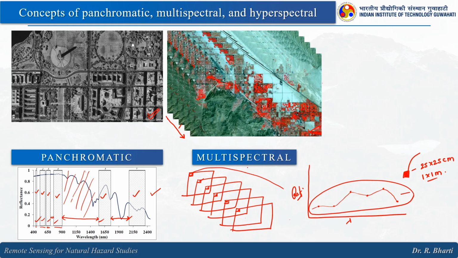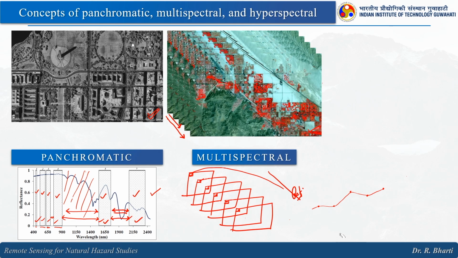So, this is the multispectral, where the number of bands should be a minimum of 3 or more, and there may be a gap between the first image and the second image, or the third image and the fourth image. These gaps are allowed in multispectral, right. So, this is called multispectral remote sensing data, right.